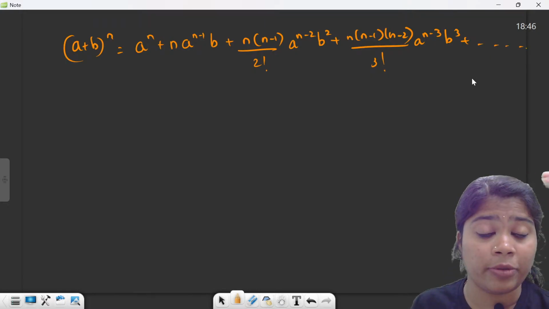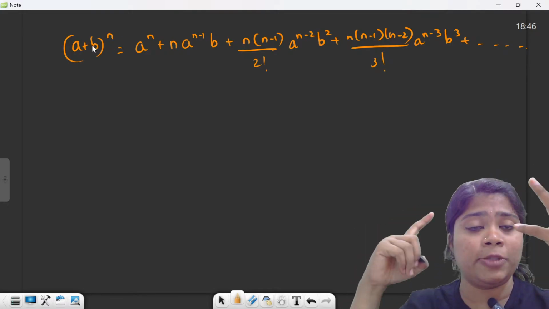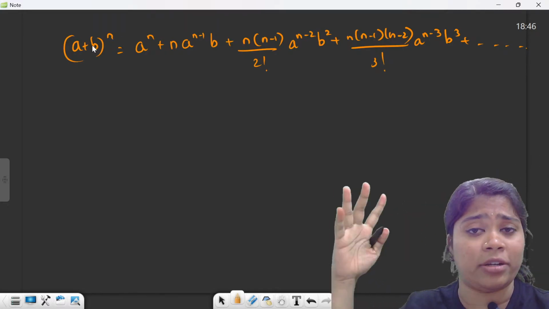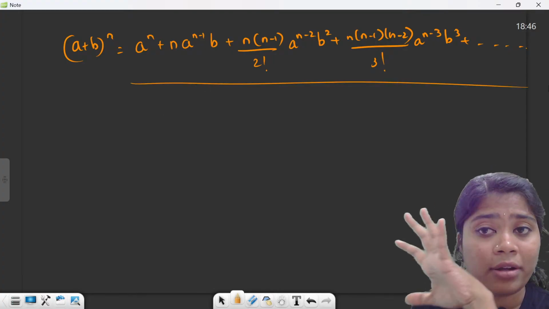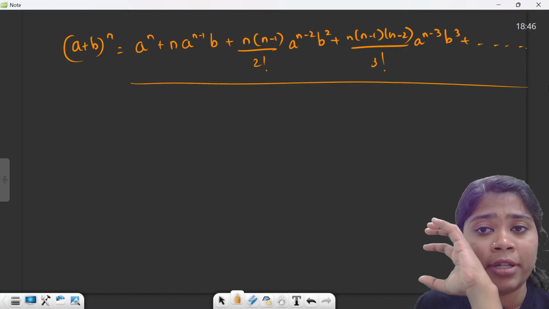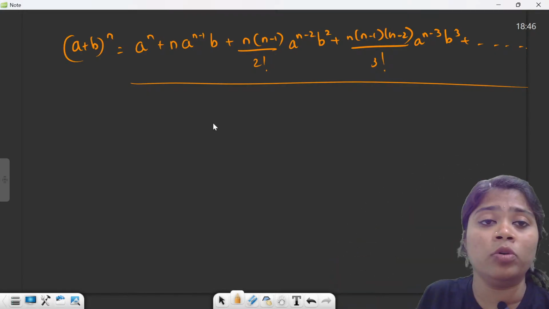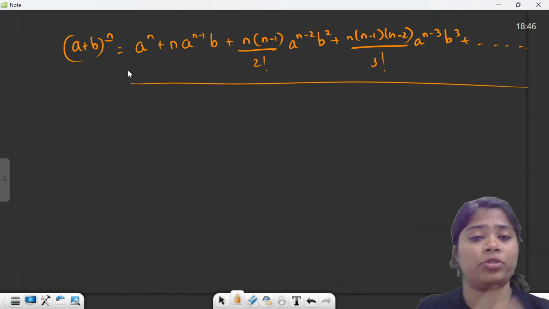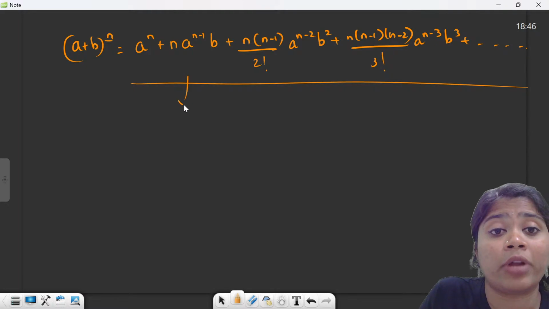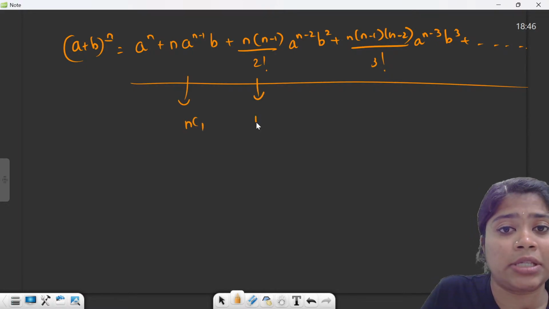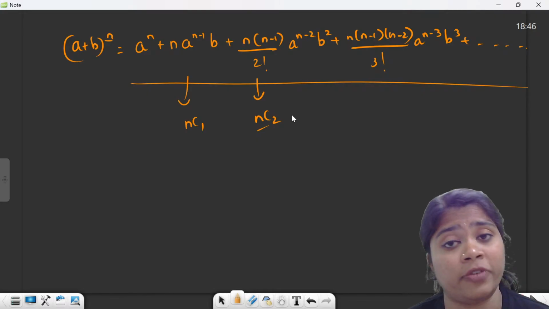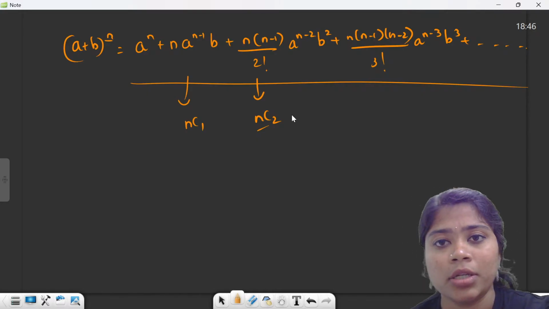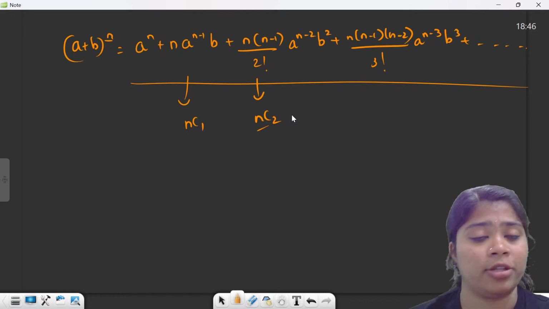Whether the power n is a positive index or negative, or a fraction, nothing matters. If you are remembering the binomial expression in terms of this, there is no restriction for n. But whenever you write nC1, nC2, there is a restriction that n should be a positive integer, right? So try to remember the binomial expression in this form.